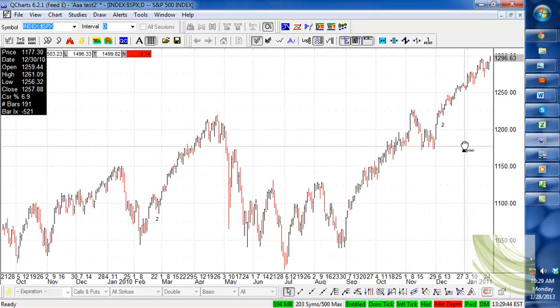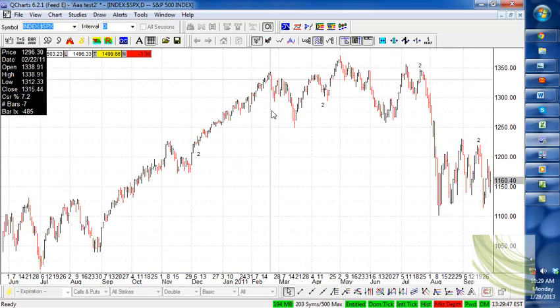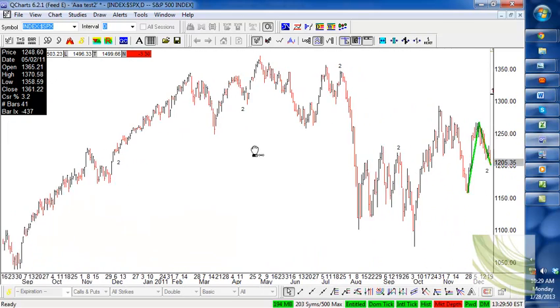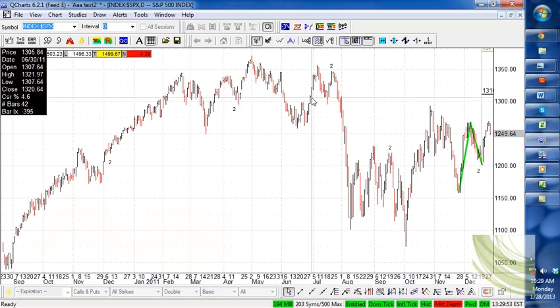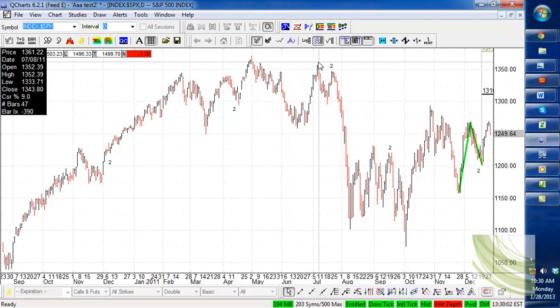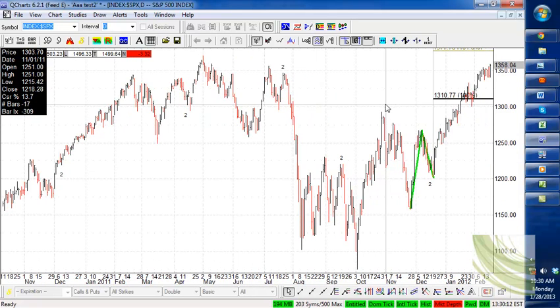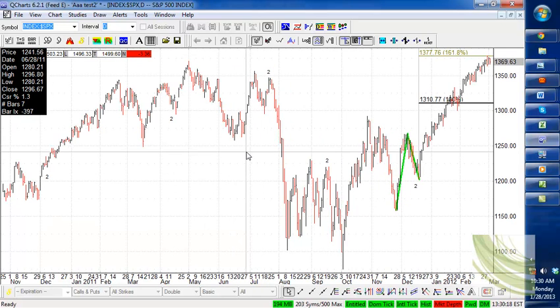ABC, ABC, ABC, notice the places where I said there was an ABC, the C was typically beyond the A, and the B was not beyond the previous pivot.